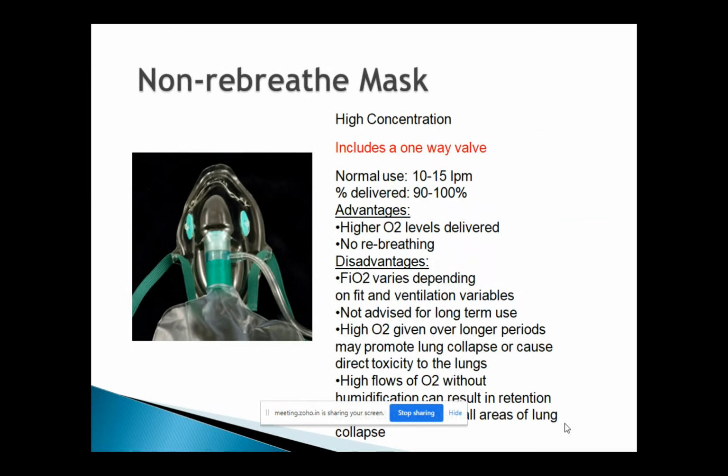So the advantage is a higher level of O2 concentration delivered, with no rebreathing. But again, the problem is the oxygen percentage can vary with respiratory rate, how quickly the patient is breathing. And it's very important you do not give anything less than 10 to 15 liters through this device.